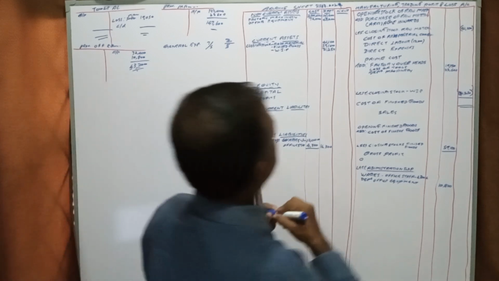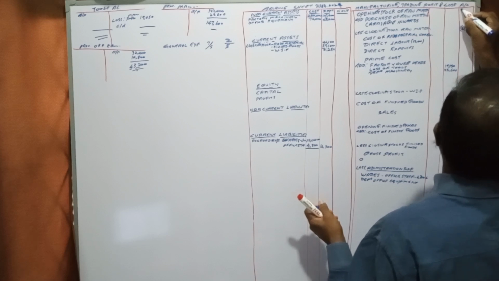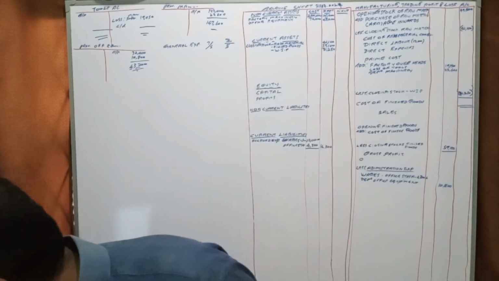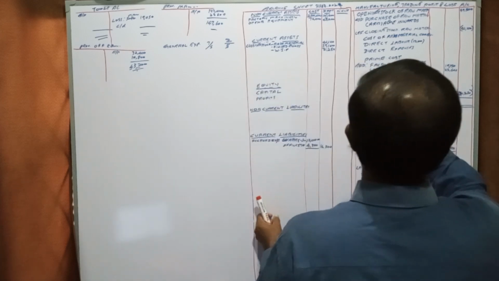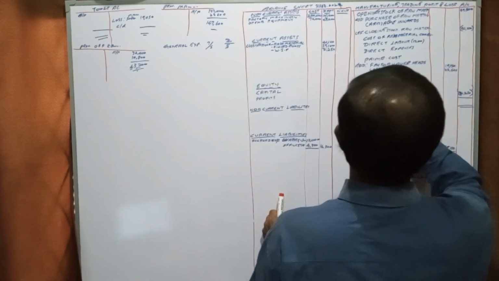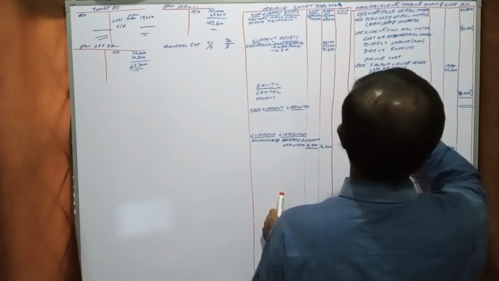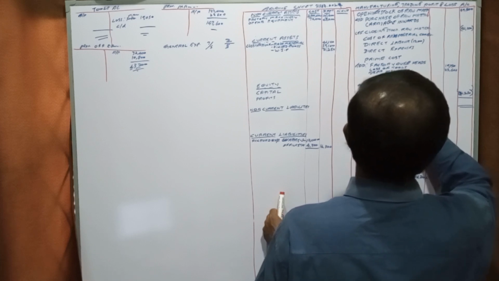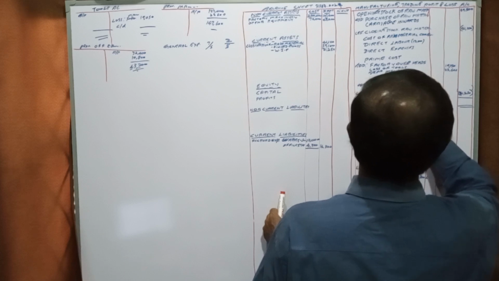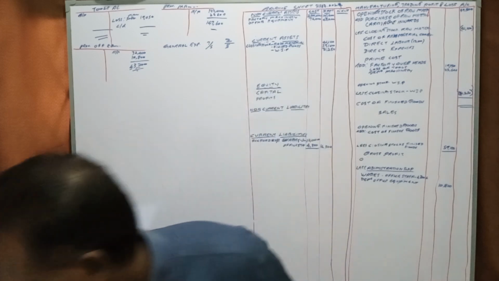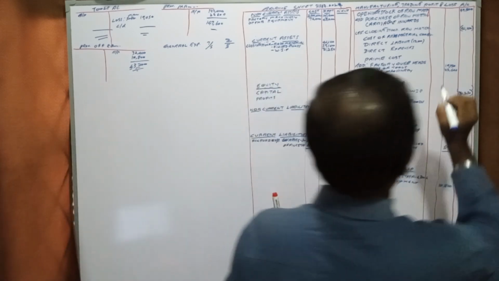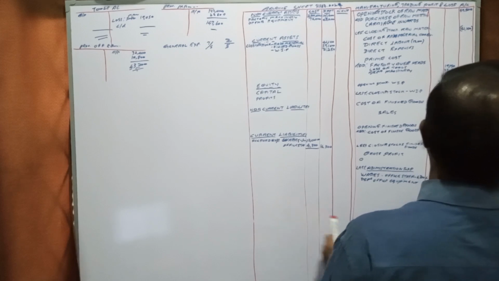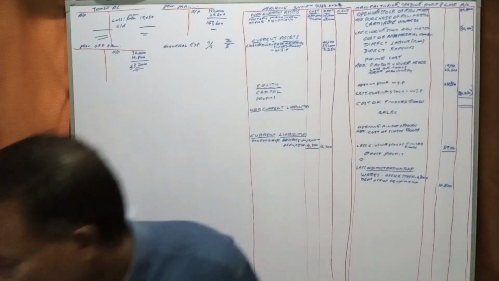Opening raw materials, 49,500. And work in progress opening stock is 28,750.